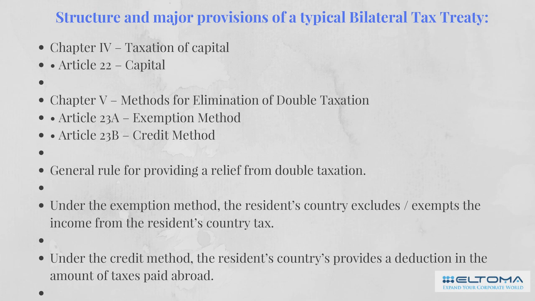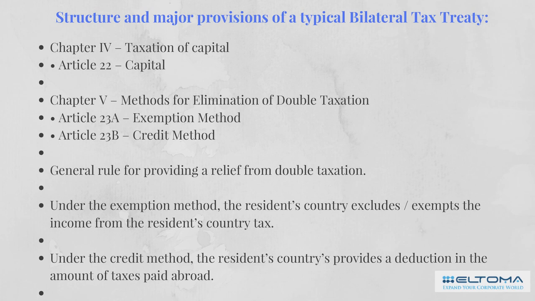Chapter 5 covers different methods for elimination of double taxation. So Article 23A covers exemption method, and Article 23B covers credit method. In general, if the contracting state in which income arises is entitled by the rules of Articles 6 to 21 to tax the income, the contracting state in which the taxpayer is resident is obligated to provide relief from double taxation.